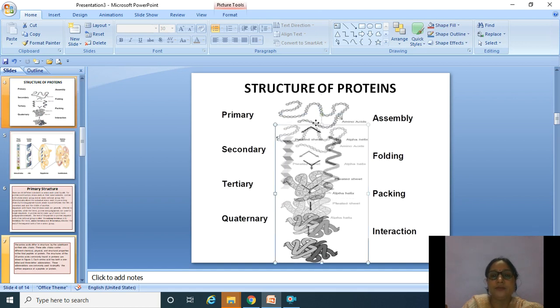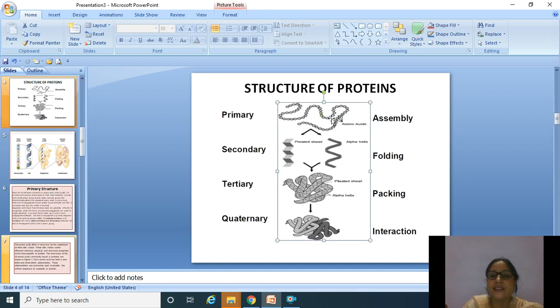So we can say that the different amino acids are assembled together by many peptide bonds to get a primary structure of the protein, or a polypeptide chain. Now these polypeptide chains are folded and they result in the secondary structure of the protein.